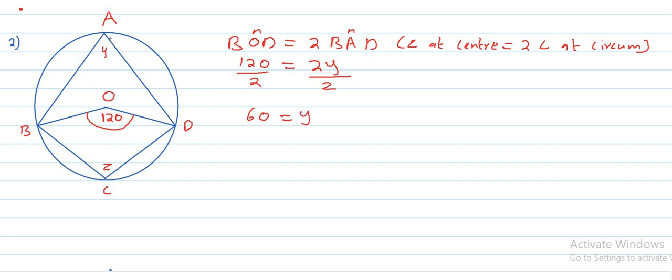Then, since the 4 points A, B, C, D lie on the circumference of the circle, it means ABCD is a cyclic quad. Then we're going to say angle Y plus angle Z equals 180. What is the reason? Opposite angles of a cyclic quad.